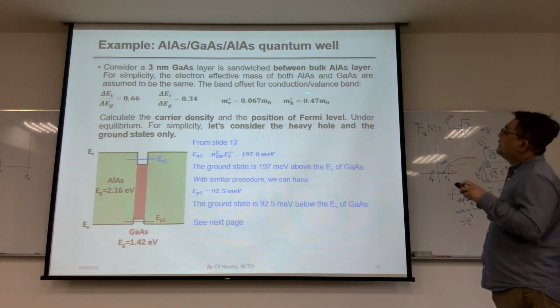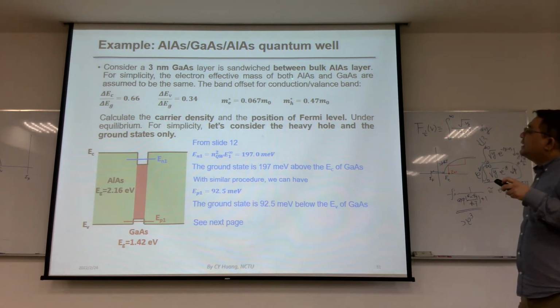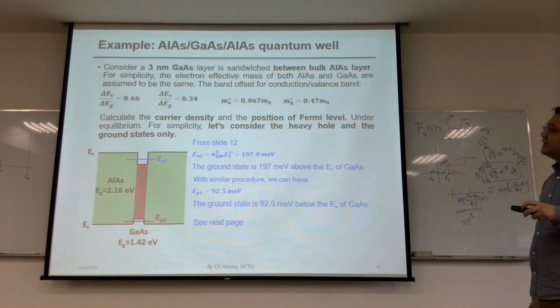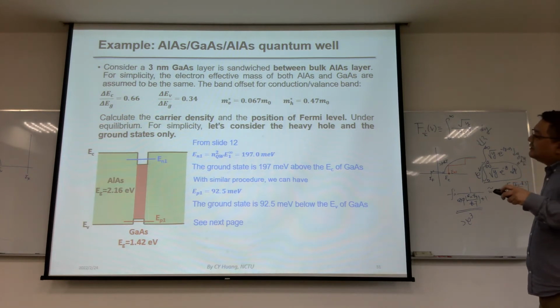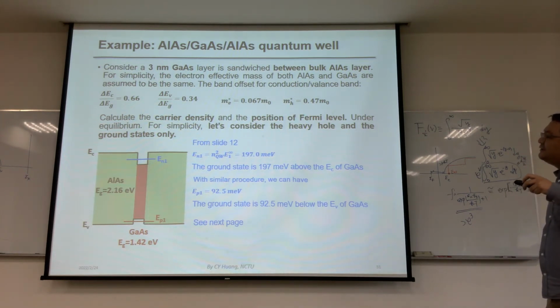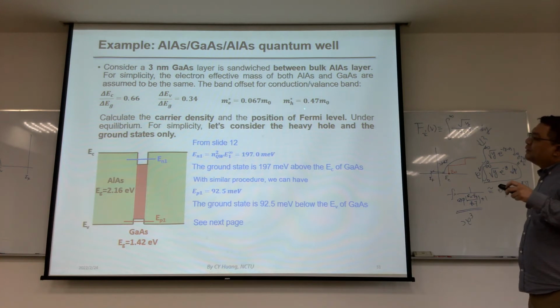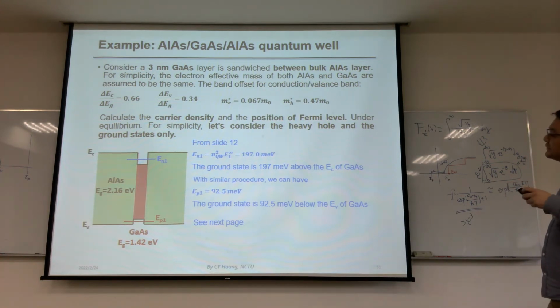For simplicity, we assume that the effective masses of the barrier and the gallium nitride are the same, and the band offset is as follows: delta EC over delta EG is 0.66, and delta EV over delta EG will be 1 minus this number, so 0.34. The effective mass of the electron is 0.067 m0, and the effective mass of the hole is 0.47 m0.